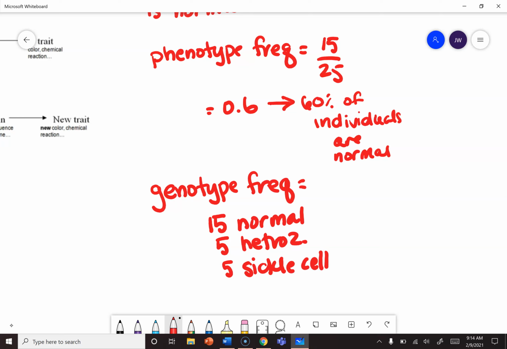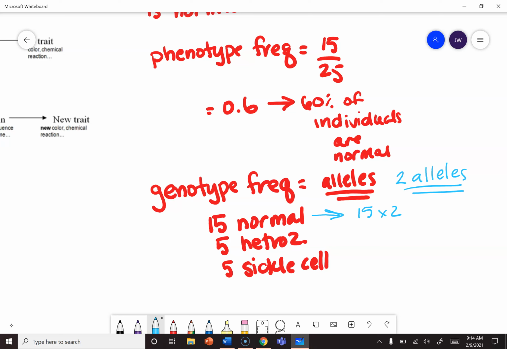Now, genotype, remember, is information about our alleles, and each individual has 2 alleles. If there are 15 normal people times 2 alleles each, that means there are 30 normal alleles in our population.